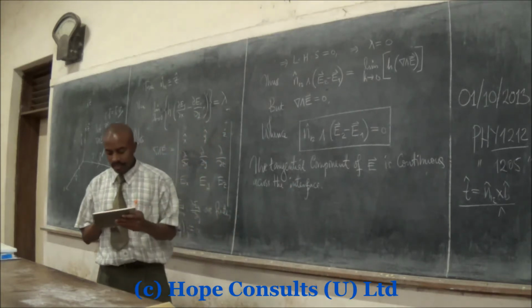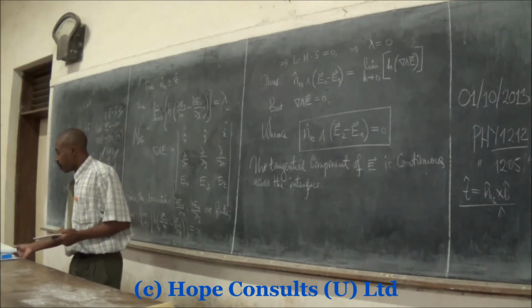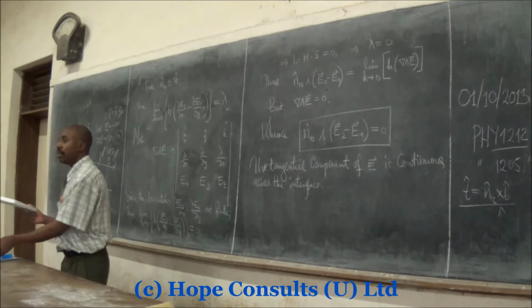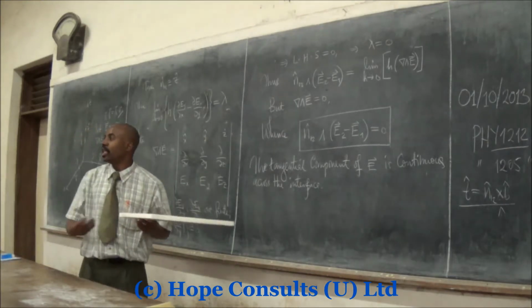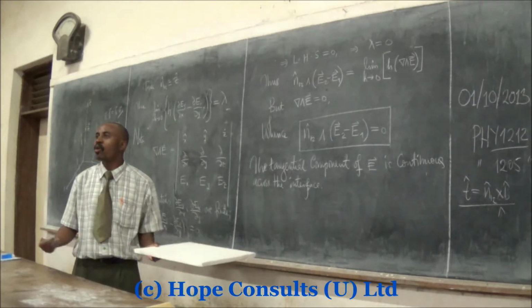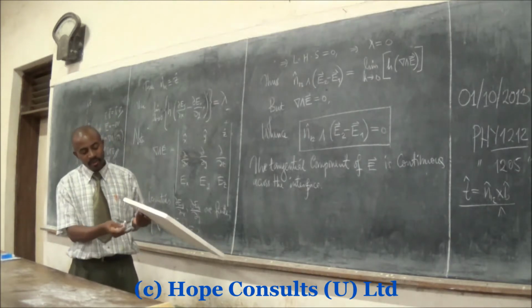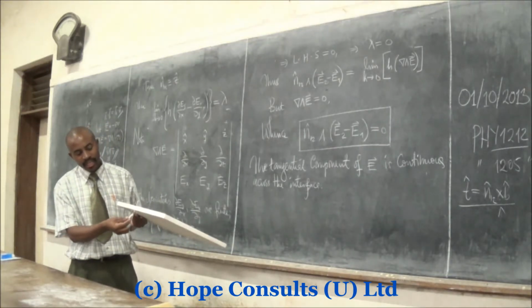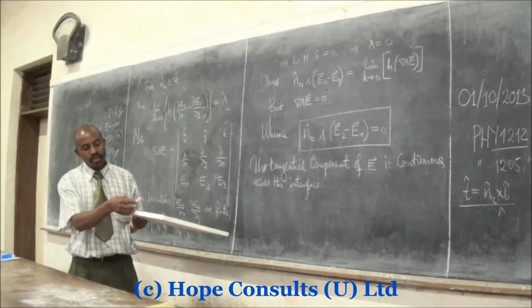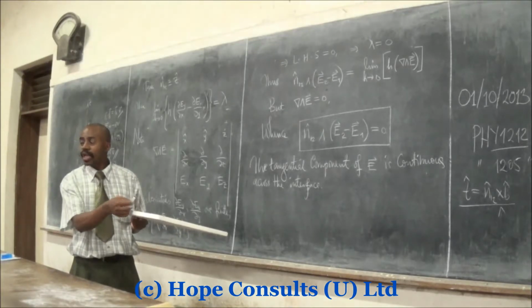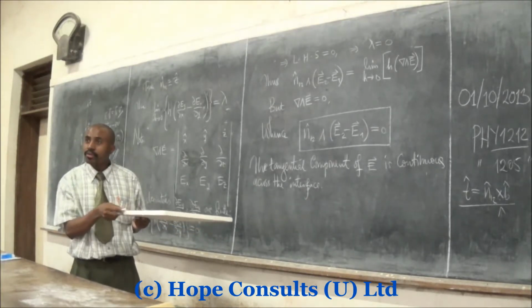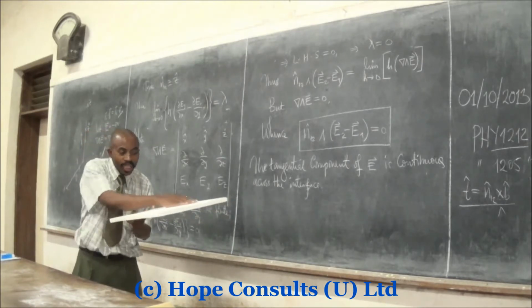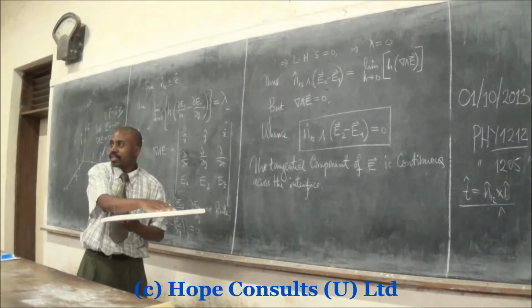So it means that what goes in at the bottom, medium 1, shouldn't disappear anywhere. It should only cause polarization, but whatever you feed in here as E1 should be able to come out along here, as long as you are within the interface.